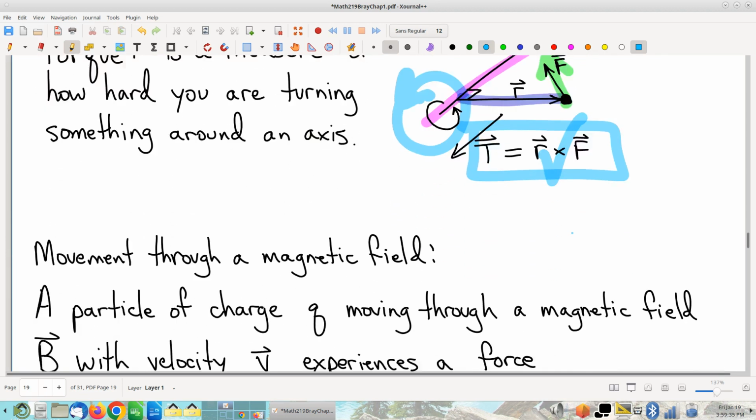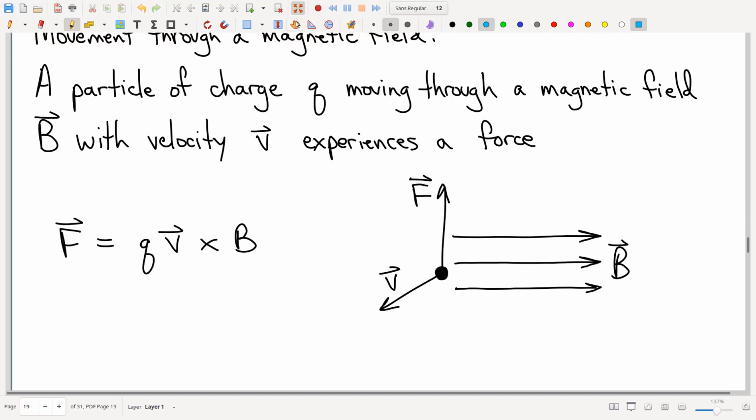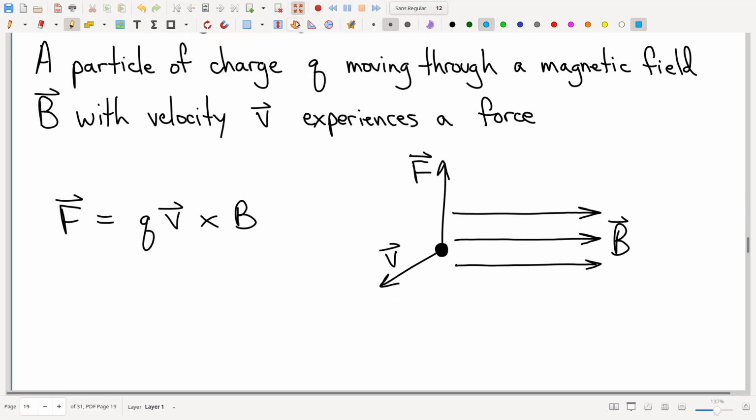Okay, another example, and again, this is not a physics class, so let's not get lost in the physics of it all. But y'all know that there exists this thing called a magnetic field, and this thing called a charged particle, electric charge, and movement. These are all ideas that you should be aware of anyway.